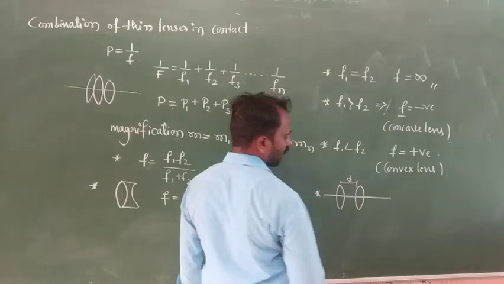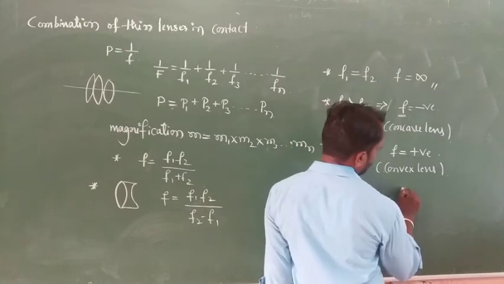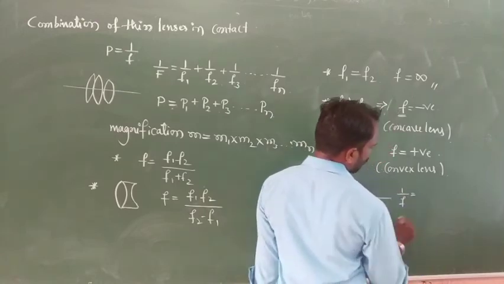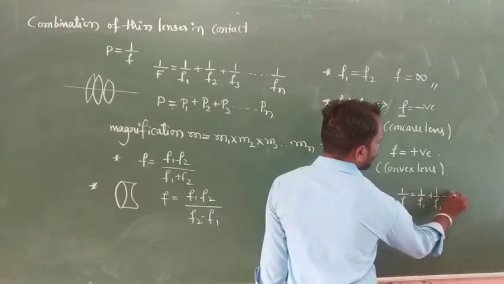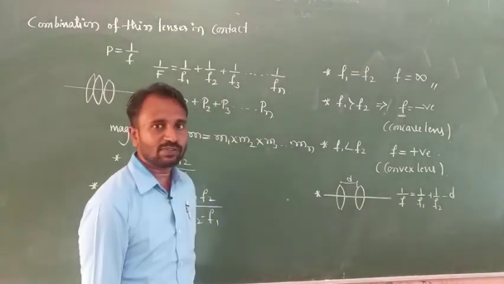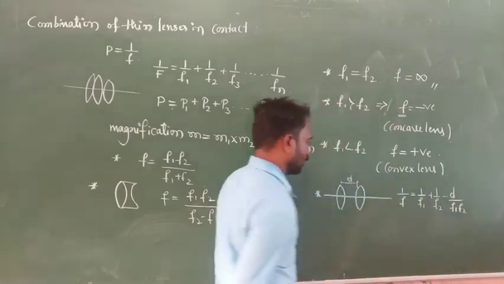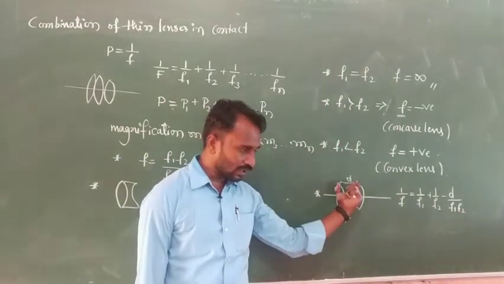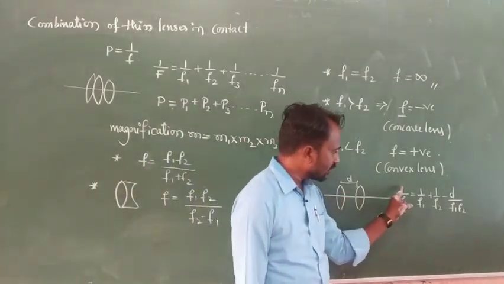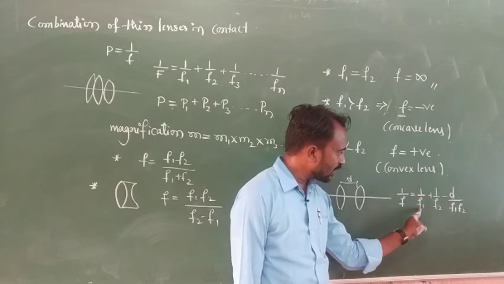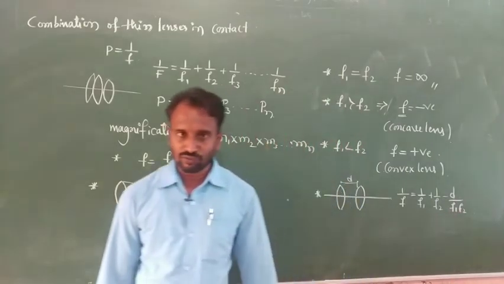We call this gap D, where D means the distance between the two lenses. For this reason, the effective focal length is given by 1 by F is equal to 1 by F1 plus 1 by F2 minus D divided by F1 into F2.